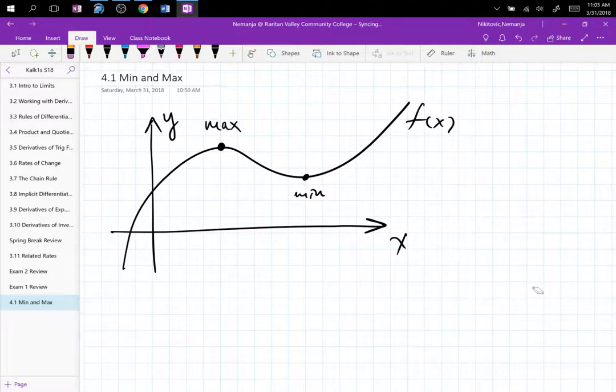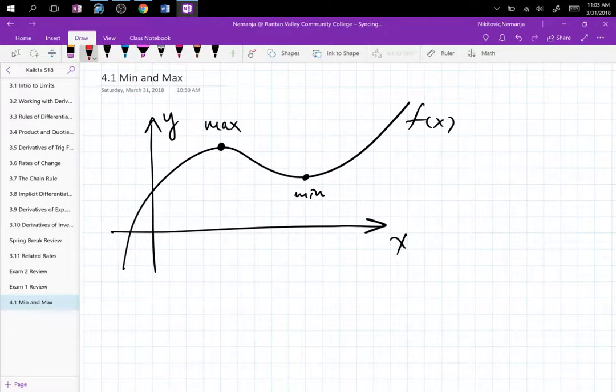But before we get there, we all understand the concept of a minimum and a concept of a maximum because we're just alive and roaming around. So now, when you're looking at that maximum and when you're looking at the minimum, you see that they have a common feature. And that common feature is that the slope of the tangent line at that point is 0.